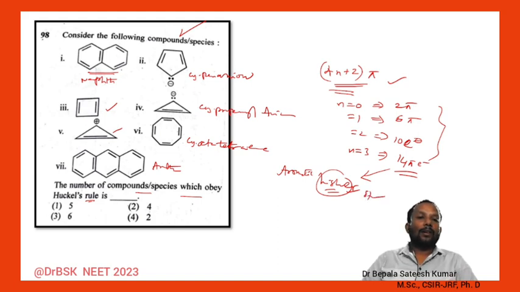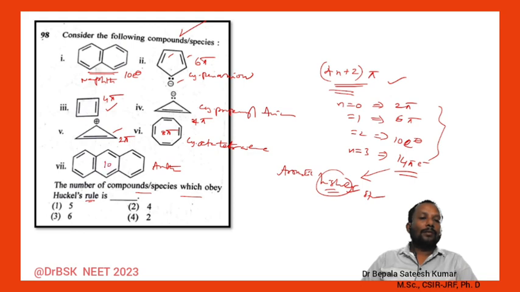See the electrons. In this case, it is 10 pi electrons. In this case, 2, 4, 6 pi electrons. It is 4 pi electrons. It is 2 plus 2, 4 pi electrons. In this case, 2 pi electrons. It is 8 pi electrons.